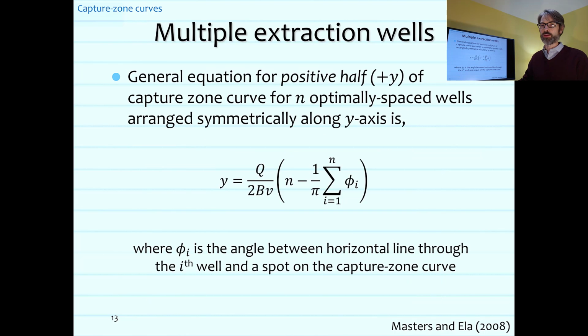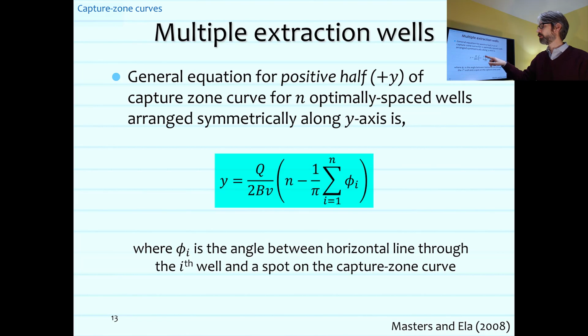The general equation that we use for the positive half, the plus y component, of the capture zone curve for n optimally spaced wells that are arranged symmetrically along the y-axis is y is equal to Q over 2BV times n minus 1 over pi times the sum of these phi i. And phi i is the angle between the horizontal line through the ith well and a spot on the capture zone curve.